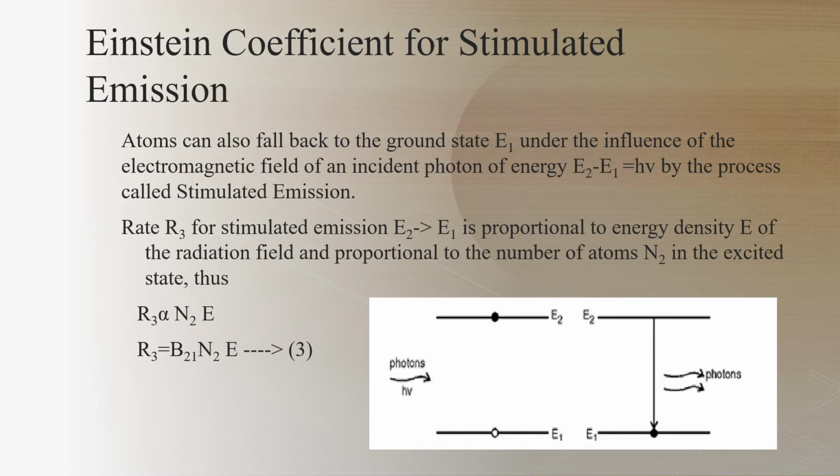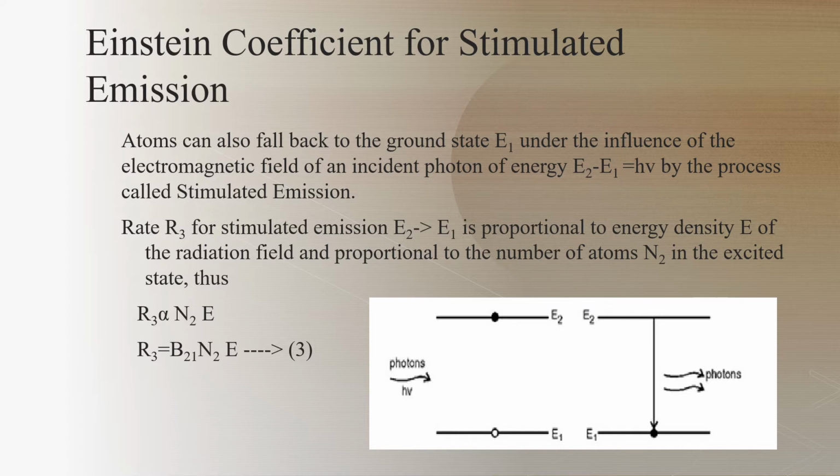Next, atoms can also fall back to the ground state under the influence of the electromagnetic field of an incident photon of energy E2 minus E1 equal to hν, by the process called stimulated emission.